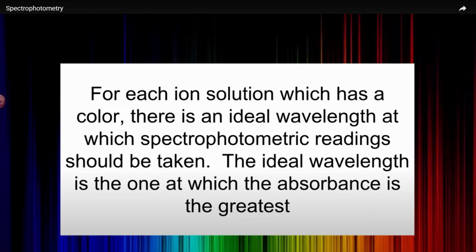The only thing that's different about it is that it is a very, very clear glass, so there's no imperfections in it like you'll have in just a regular test tube. It's just a much nicer one. They're almost always 1 centimeter across to make the math really easy, because that means your path length is 1, right? Anytime you have a 1 in your math, that makes life easy.